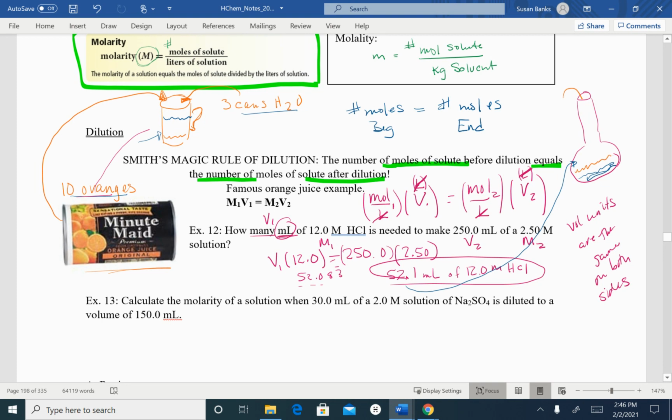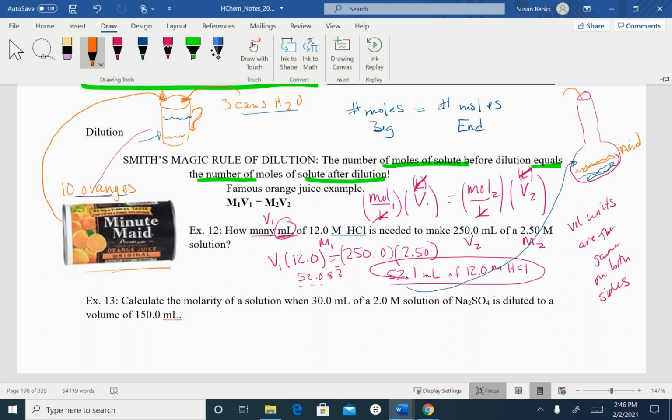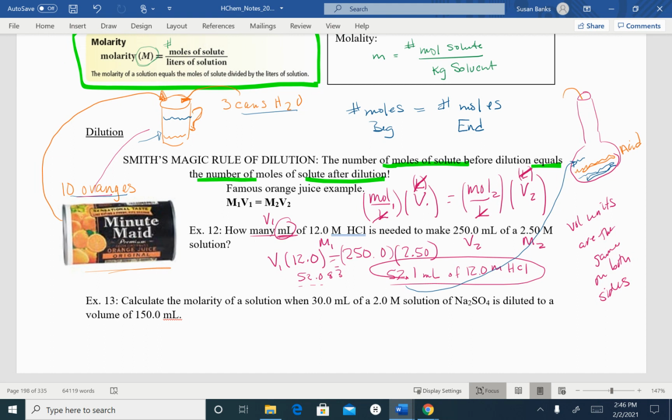So that would be the acid layer. And then I would want to add more water until I hit the 250 milliliter mark. And usually our volumetric flasks have a line here. So I'd want to fill that up until I hit that mark. And I'd want to stir while I'm doing that.